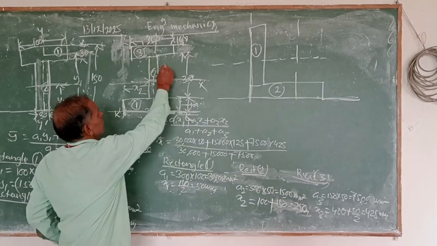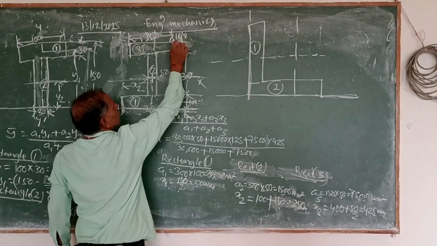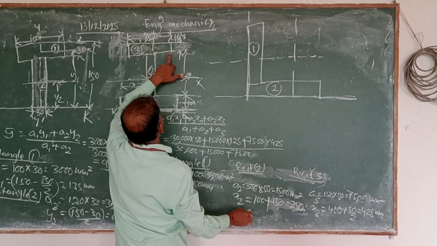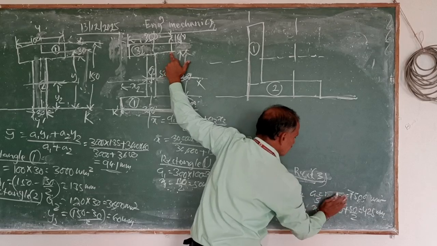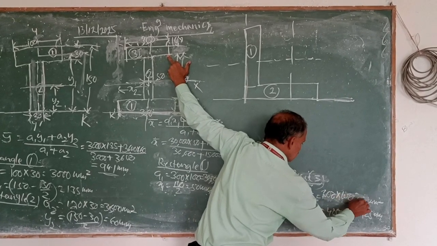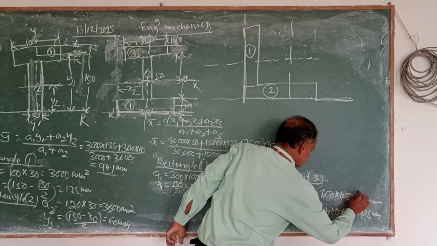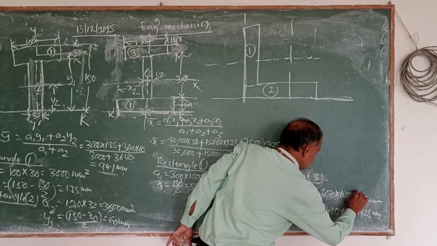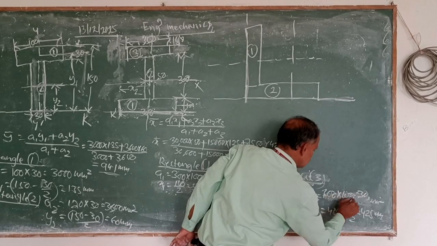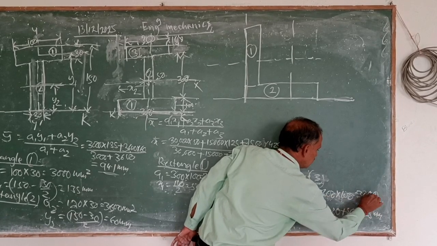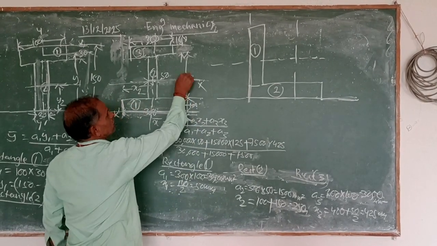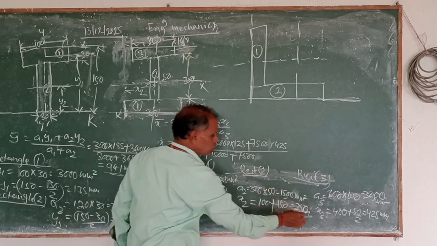Now in section 3, it is also 300 into 100, so A3 is equal to 300 into 100, that is 30,000, and x3 is equal to 100 plus 300 plus 100 divided by 2, that is 450 mm.